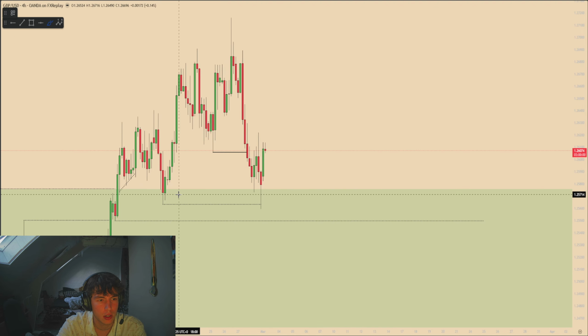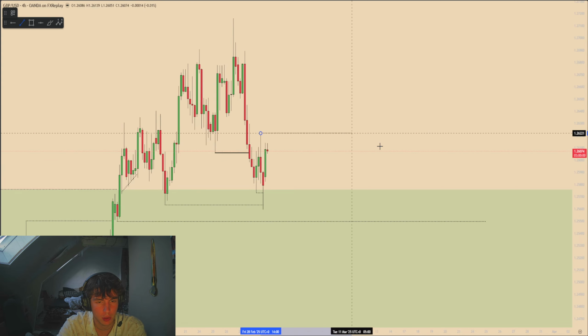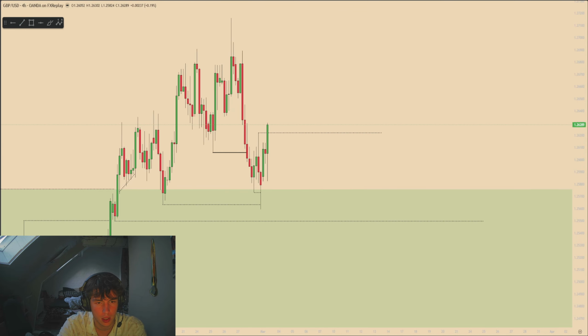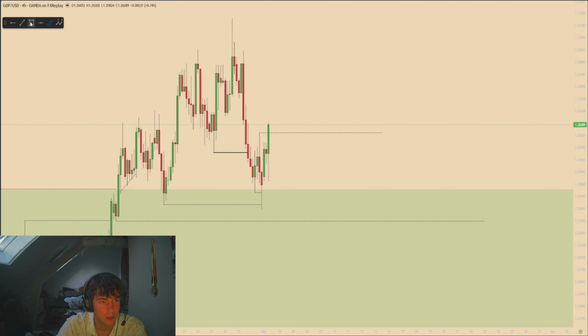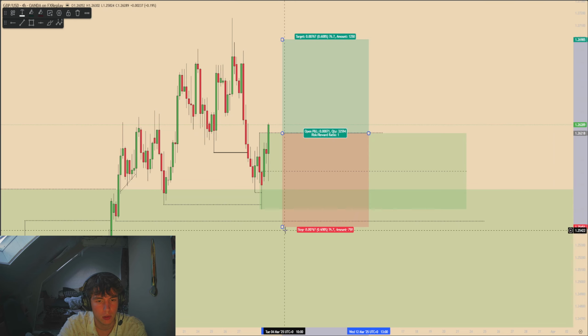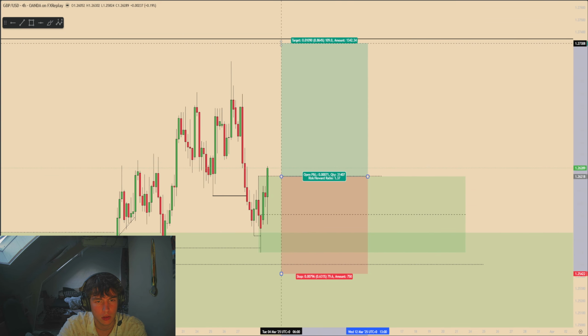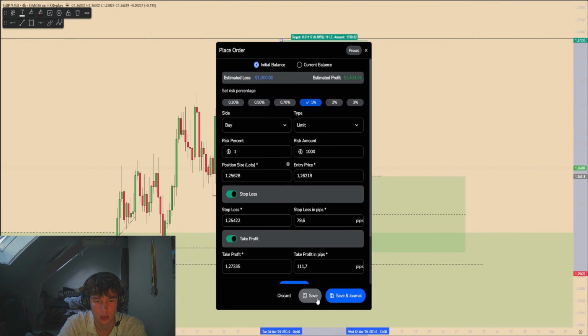We have tapped the daily demand zone, and we have the fractal breaking towards the downside. So we are now looking for the fractal breaking towards the upside. There we go. We have just done that, meaning this is the overall demand zone. At the moment, we will enter a long, stops below its low, targeting a new overall higher high.